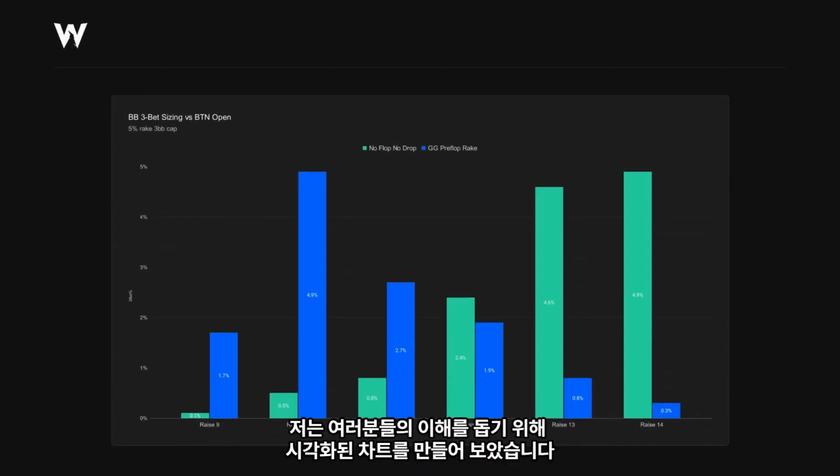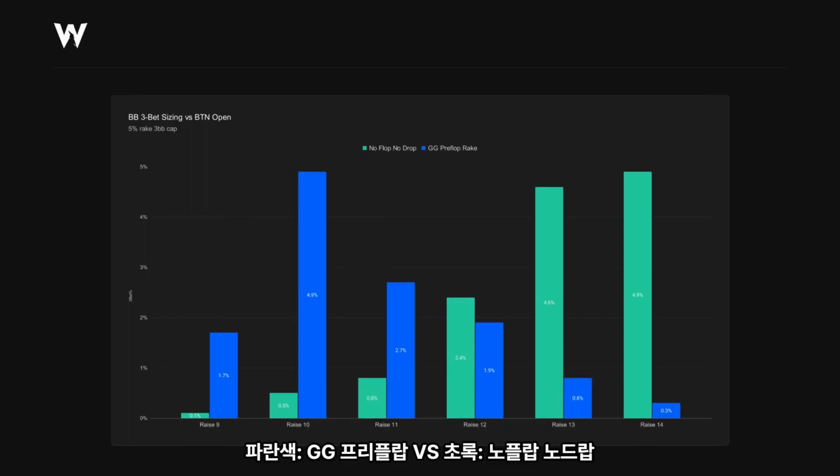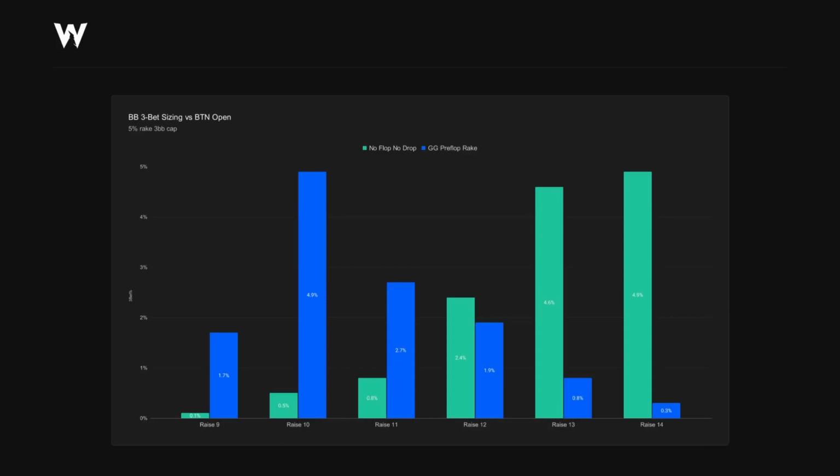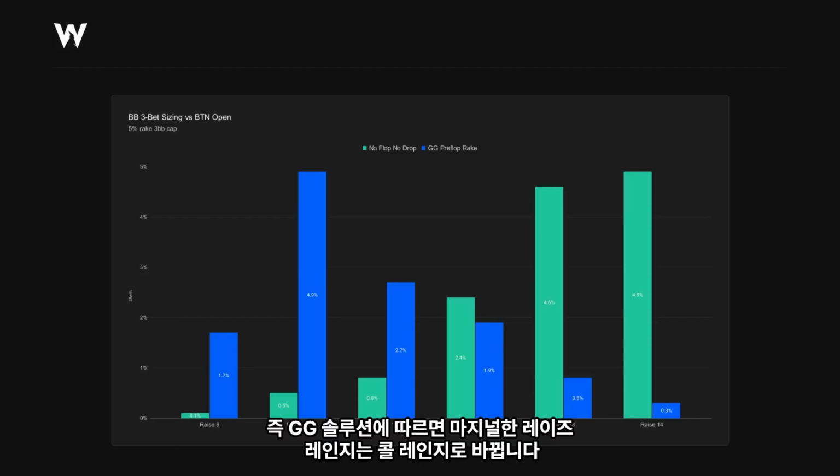That can be difficult to visualize, so I've made this chart to help you visualize it. In blue, we see GG pre-flop rake, and the other one is no flop, no drop. And we can see, again, a very clear preference for the no flop, no drop solutions to 3-bet much larger out of the big blind facing a button open compared to GG rake. And this is just kind of a general trend you'll see in GG solutions. Some of the marginal raises become calls.